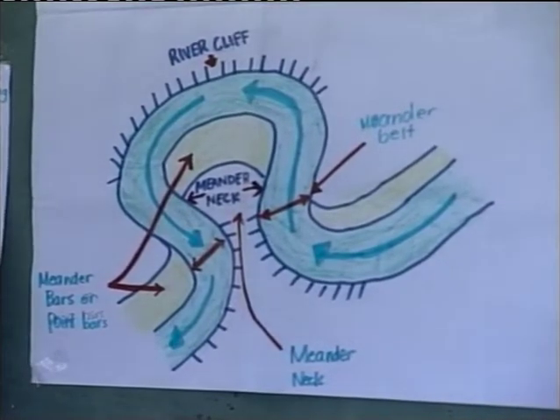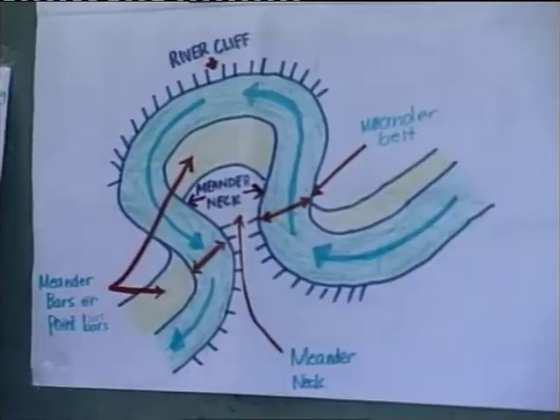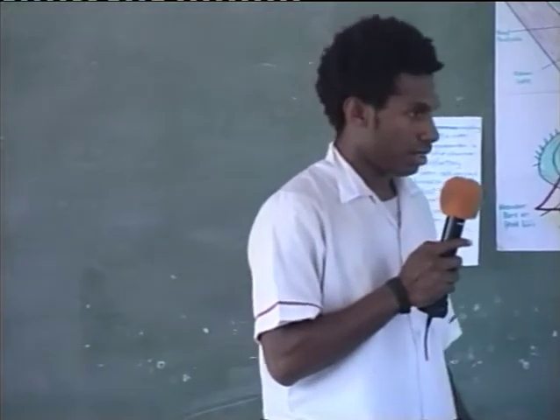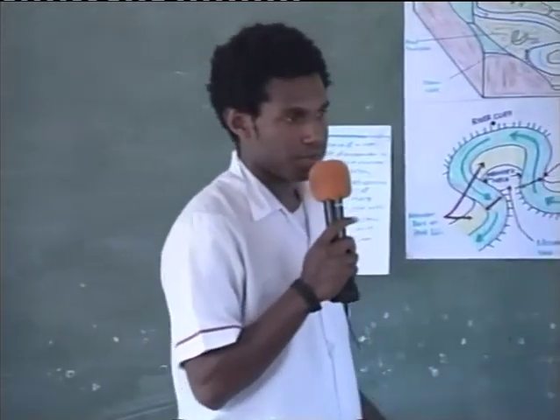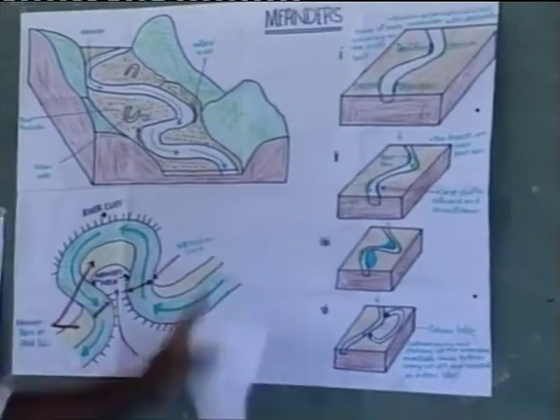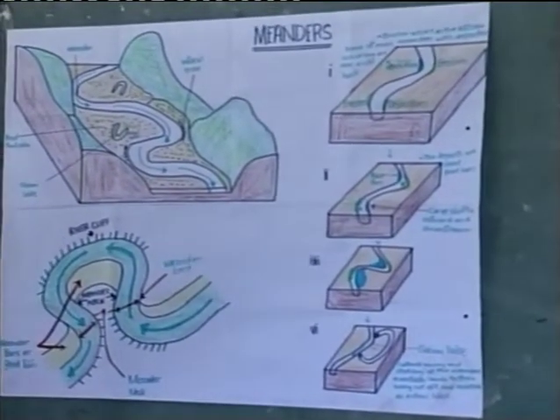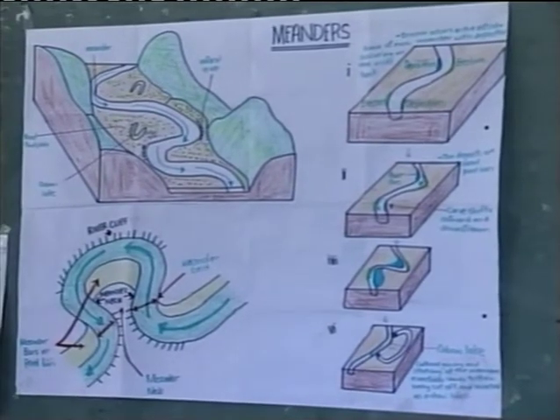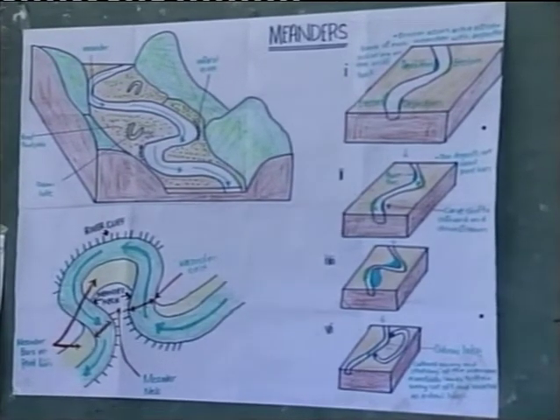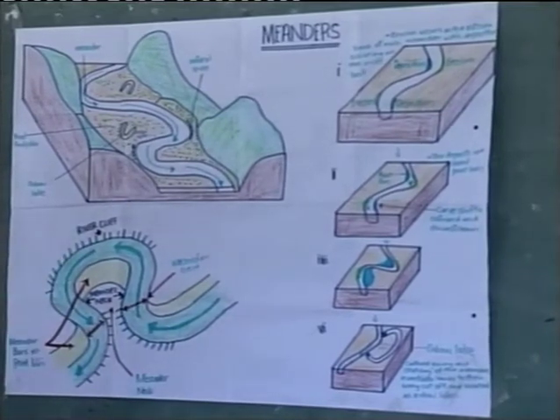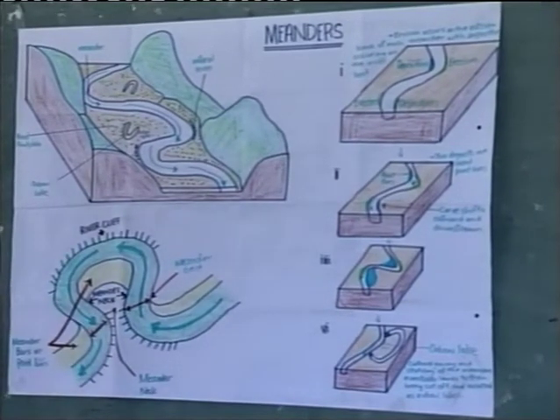I'm talking about the processes involved in meander. Some of the river depositions like oxbow lake and point bar can be involved in the process of meander. So this diagram shows the processes during the meander.